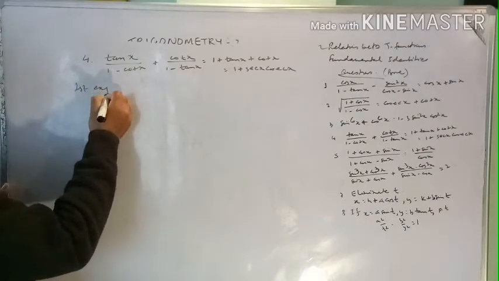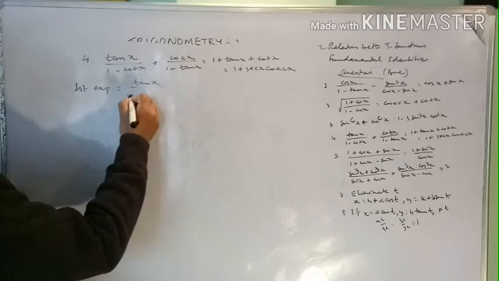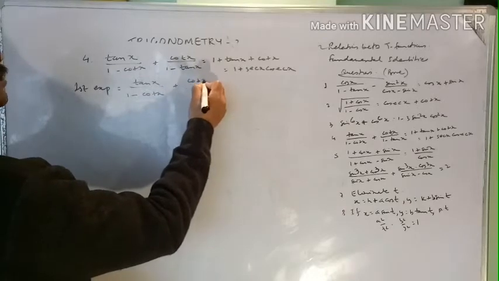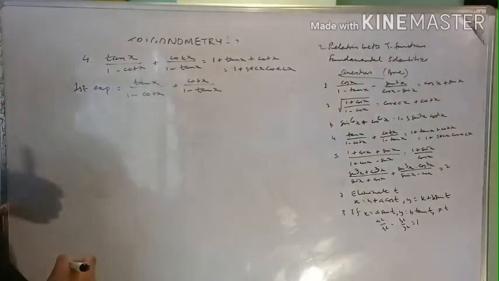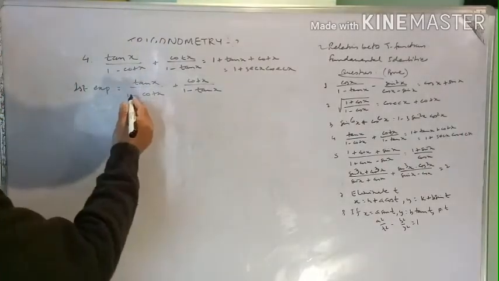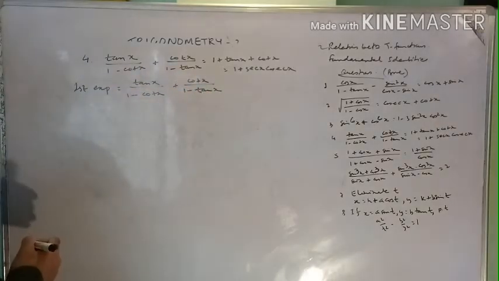The first expression is equal to tan x upon 1 minus cot x plus cot x upon 1 minus tan x. Here 1 minus cot x is there, here 1 minus tan x is there.